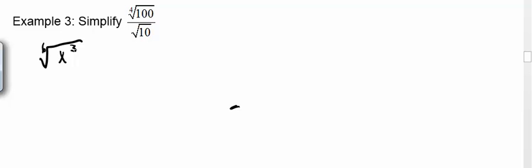So since 3 goes into both 3 and 6, the sixth root of x to the third, we reduce each, the index and the exponent, by a factor of 3. So now this becomes 3 divided by 3 is 1, so that'd be x to the first. And 6 divided by 3 is 2. So the sixth root of x to the third is the same thing as the square root of x.